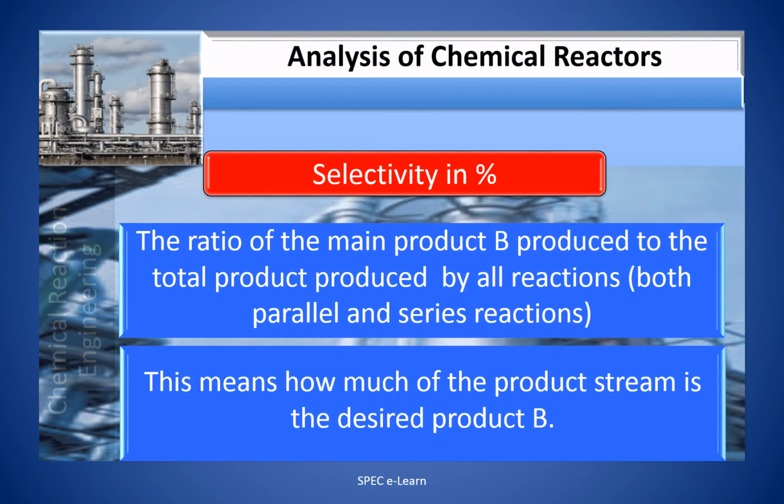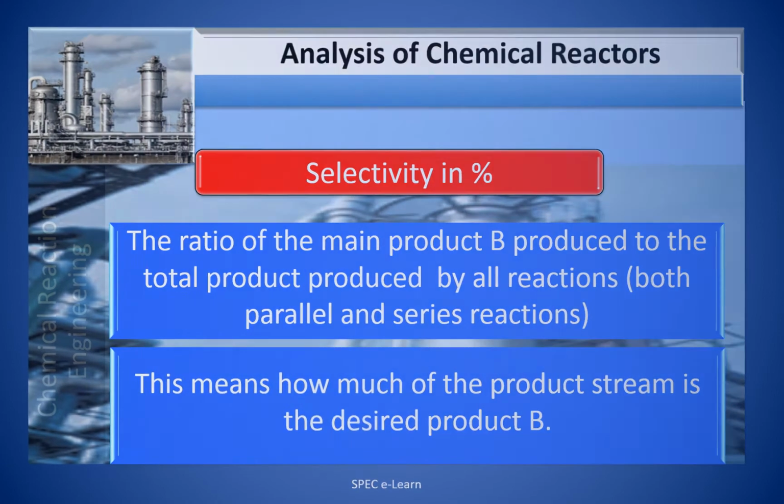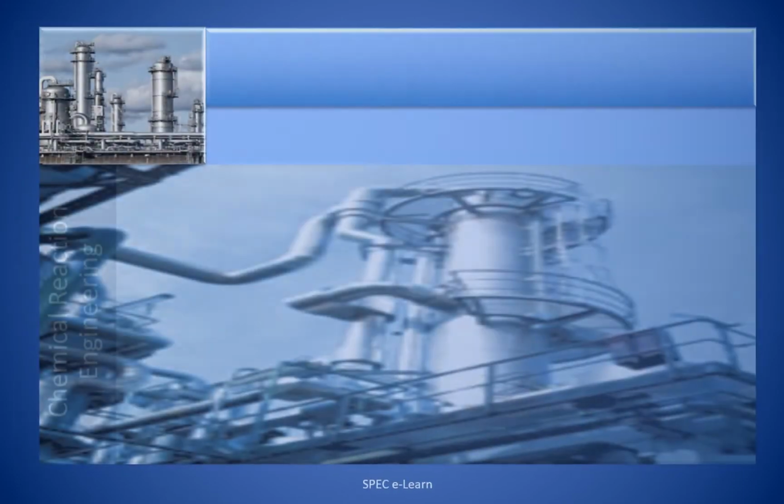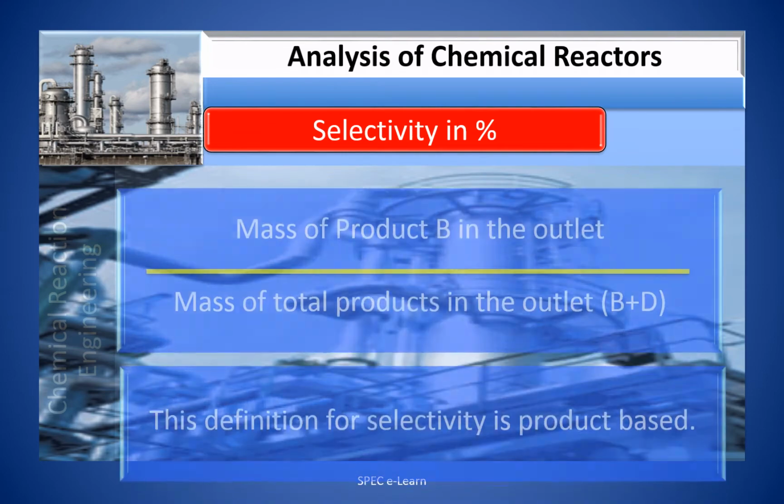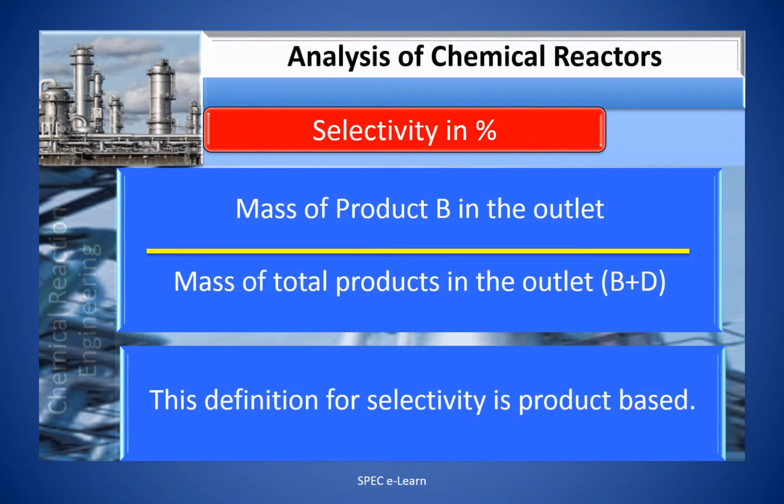This means how much of the product stream is the desired product B. Expressing it in an equation, selectivity is the ratio of mass of product B in the outlet to the mass of total product in the outlet.